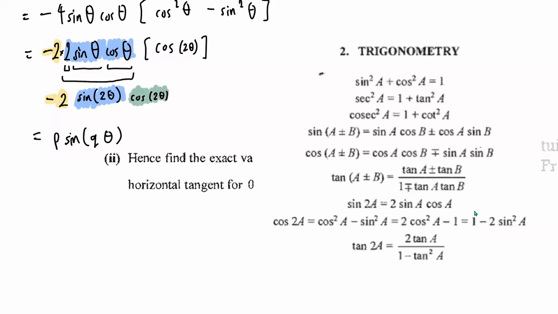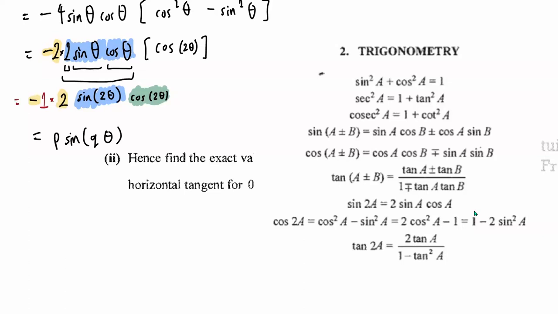If you stare at this very, very long, what do you notice? There's a minus, there's a 2, there's a sine, there's a cosine. Which is actually the sine 2a thing, but it's like the 2 theta is now a.